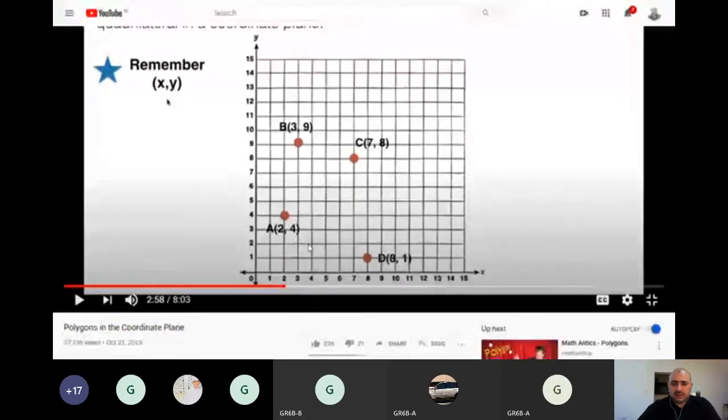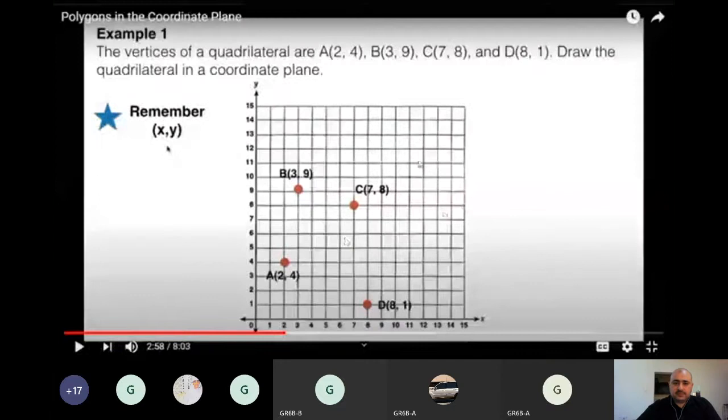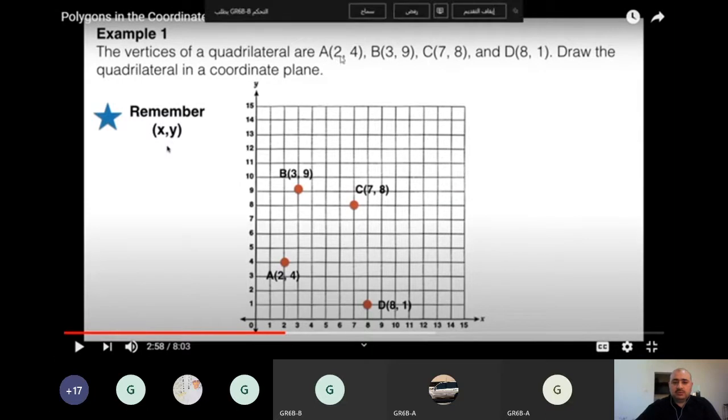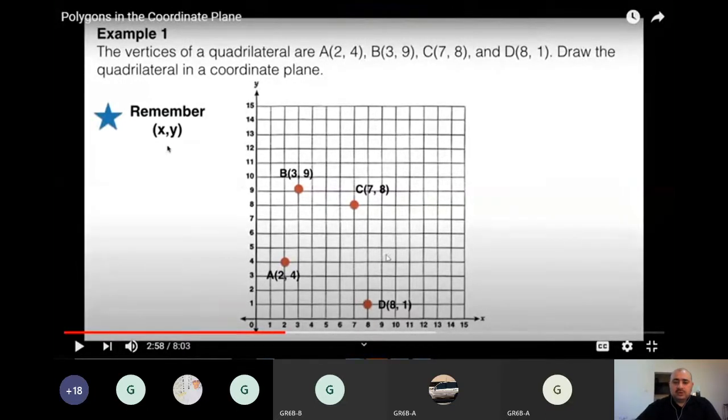See with me now in this example how to represent the first point A, which is (2, 4). As you know, in the coordinate plane we have the x-axis and the y-axis, and here we have the origin.